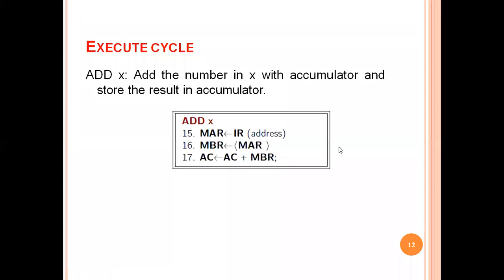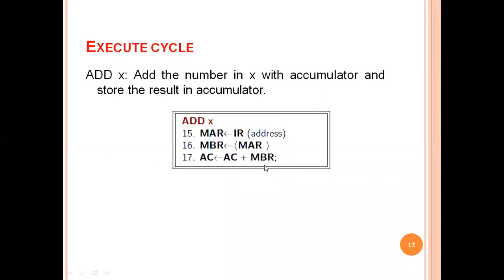And the contents of the MAR, that means the content of the address X, will be transferred to the MBR, the memory buffer register. MAR is the memory address register. You must go to the previous class where I explained the different types of registers. The memory address register contains the address. The memory buffer register contains the actual data. Clear? So it is transferred to the memory buffer register.